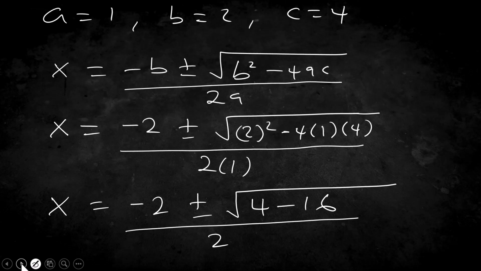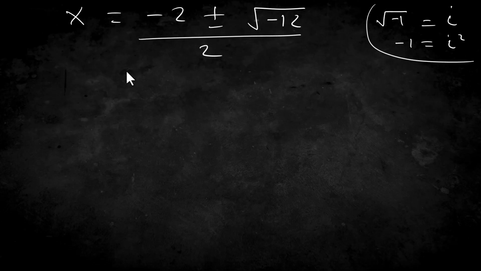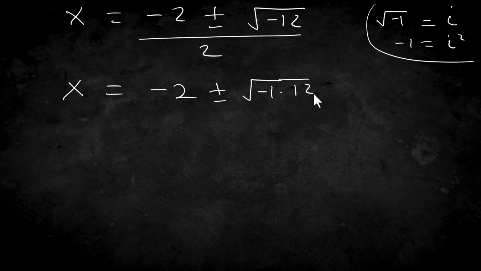So this side becomes complex. Remember, the square root of minus 1 is the same as i, meaning negative 1 is the same as i squared. So you can write this as x equals minus 2 plus or minus the square root of negative 1 times 12 over 2.